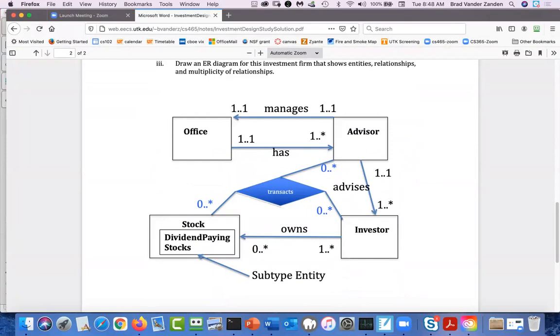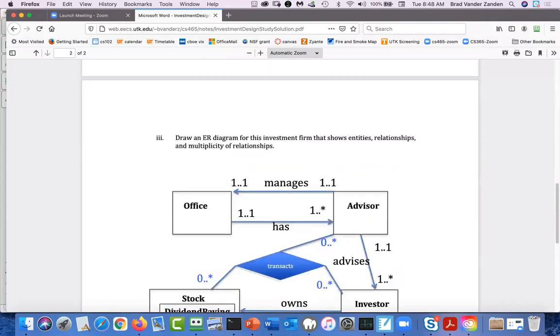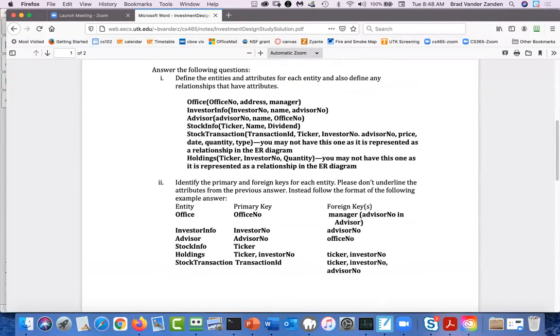Here there are no weak entities. Advisor, investor, and stock: none of them is a weak entity. So this is a true tertiary relationship. If you go back and look at the particular stock transaction here, you do see that there are three foreign keys: investor number, advisor number, and the ticker.